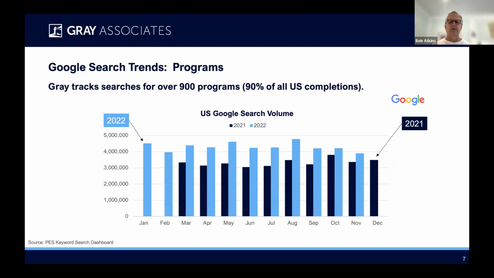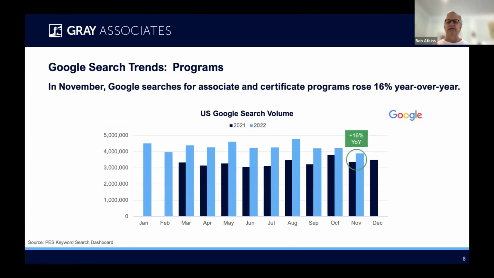So we do that when we keep track of Google search volume. And when you see these charts, you'll notice that the dark bars are 2021 data, and the lighter blue bars are 2022. So that's how to read it. We want to see, ideally, the light blue bars taller than the dark blue bars. That means volume is growing. And indeed it is.